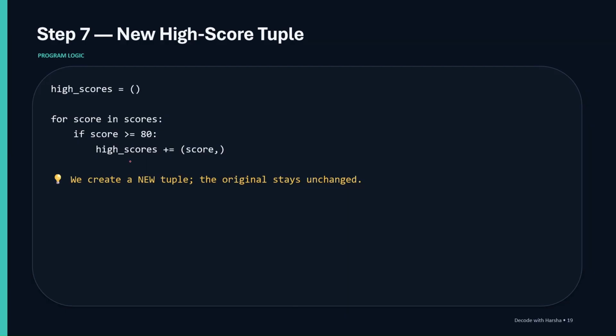So that's what I've given here, high_scores plus equal to (score,). This comma is so that whatever score I'm getting inside this tuple will get separated with the comma. That's why this comma is given. So this is how we create a new tuple and the original will stay unchanged.